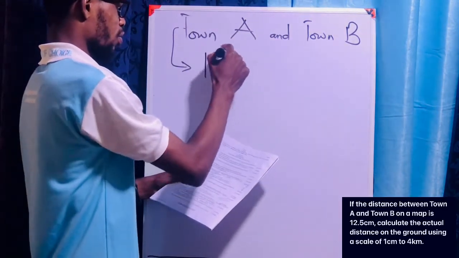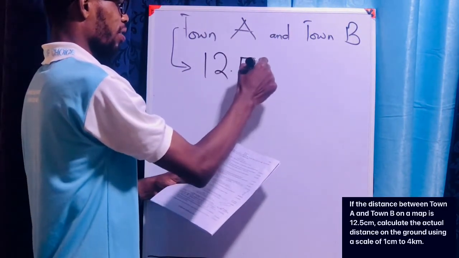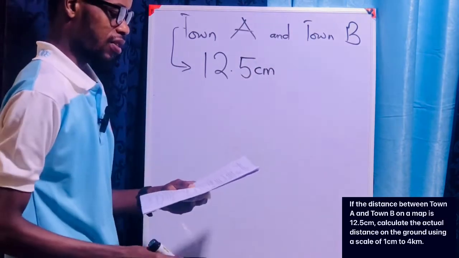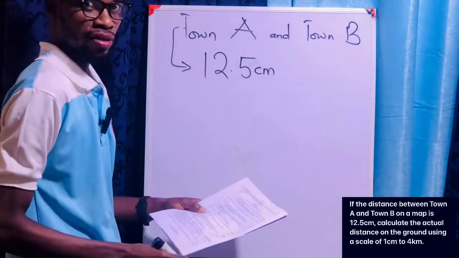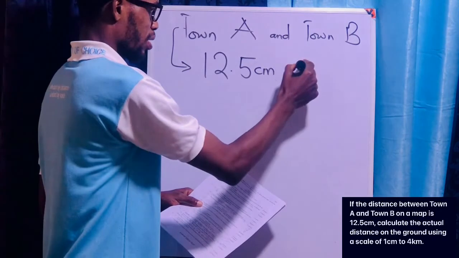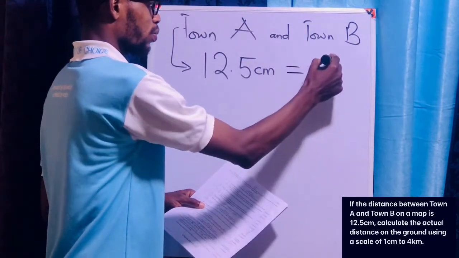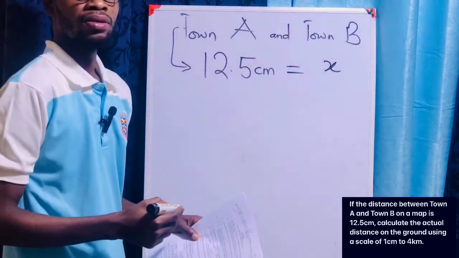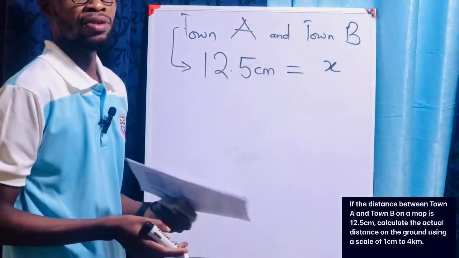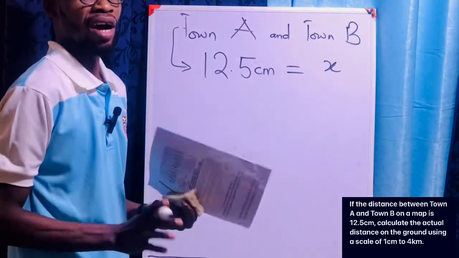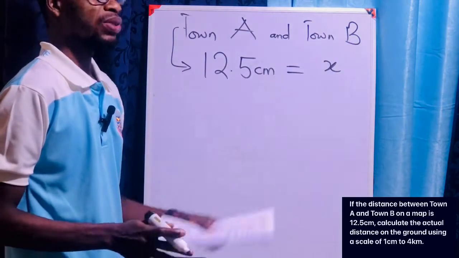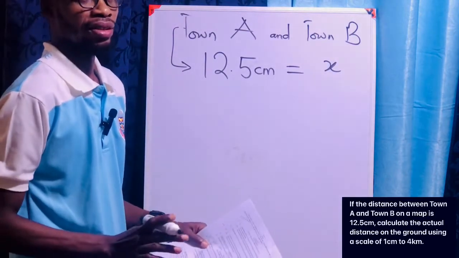That is 12.5 centimeters. So you have this is equal to actual distance. The actual distance is not known. So you don't have a problem at all. You can replace it with any variable, any letter.